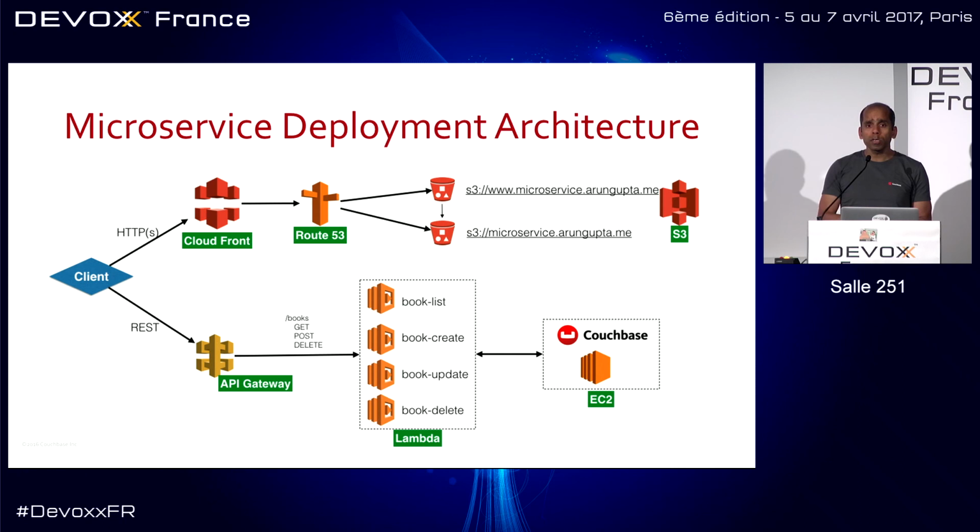So essentially my microservice deployment architecture, if I were to look at the different components, would look like this. I have a client. The client could talk to CloudFront. CloudFront basically offers the CDN network from AWS, which could then talk to Route 53, which is basically my domain name server, which could then talk to my S3 bucket.